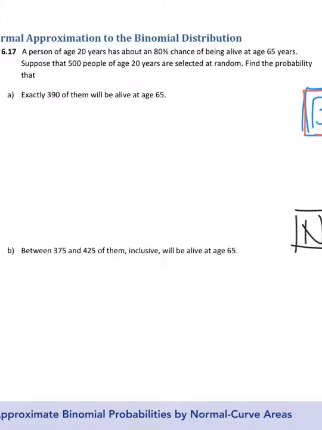Do you remember this example? 80% chance to be alive at 65. So we made a tree diagram and we applied the binomial distribution. But before, n independent trials was only 3. We selected only 3 people. But now, how many?